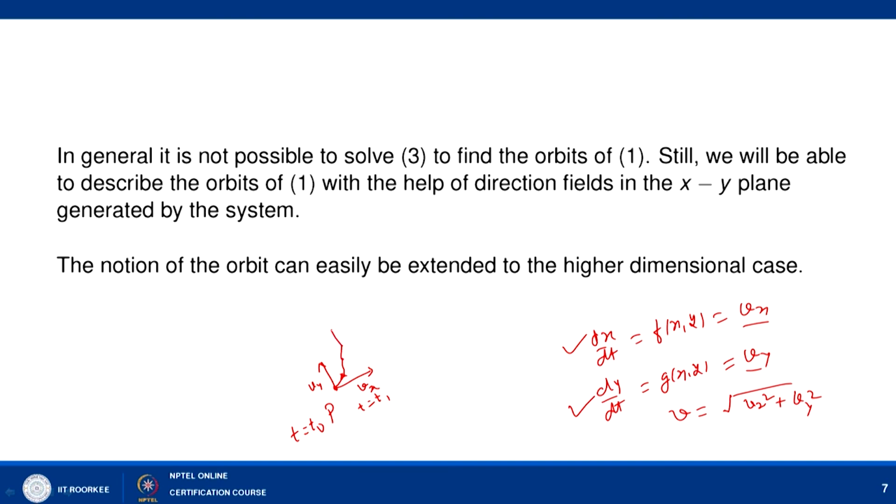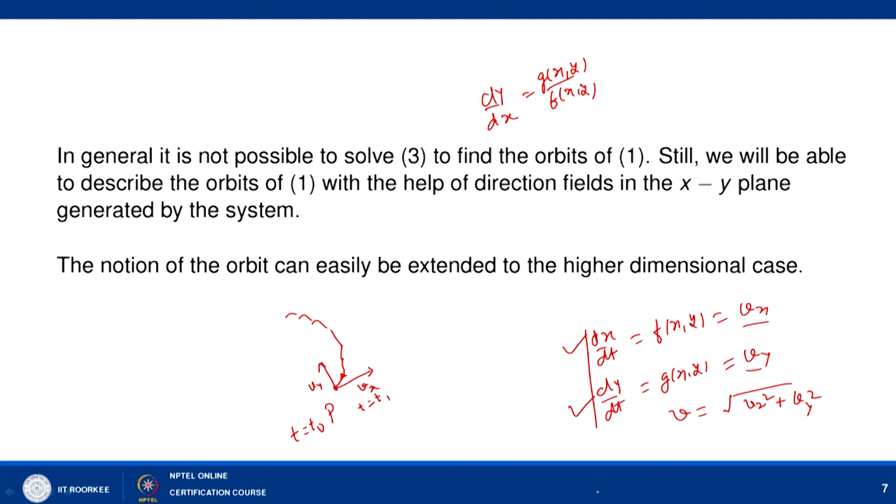In this way we can find different directions at a given point, and using this we can trace out your orbit in 2 dimensions without solving the system dy by dx equal to g(x,y) upon f(x,y). So, when we are not able to solve in explicit form, we can look at the direction field set up by dx by dt equal to f(x,y) and dy by dt equal to g(x,y), and we can still have an exact description of the orbit generated by the solutions of this.